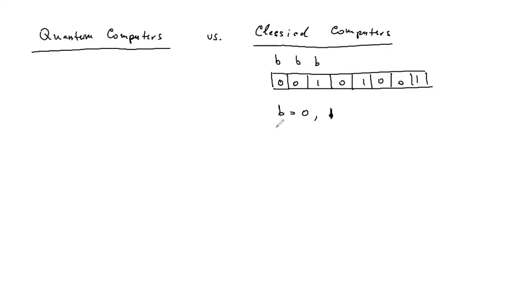So you can store some information. You have 1 byte for some integer numbers. Maybe you may want to have 2 bytes or 10 bytes or kilobytes or megabytes, or sometimes gigabytes or terabytes. But in each 1 bit you can store either 0 or 1. And this is your classical computer.